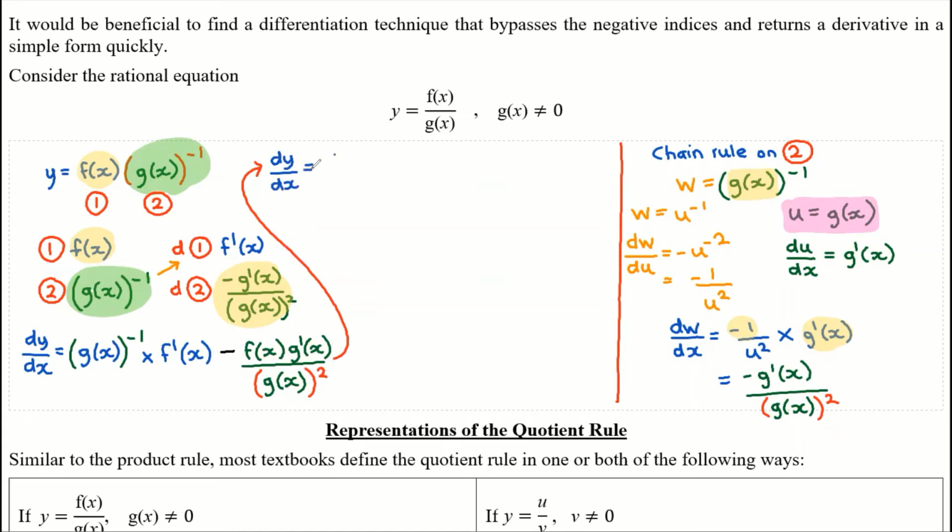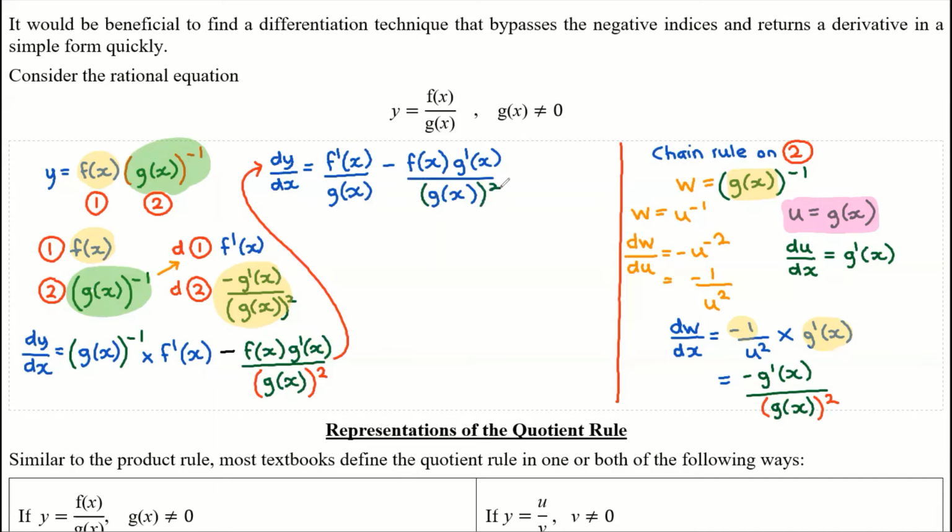So this is going to be f dash x divided by g of x, subtract f of x g dash x over g of x, but that's going to be all squared. All right, so it's looking a bit like the product rule, isn't it? Could I do even better?